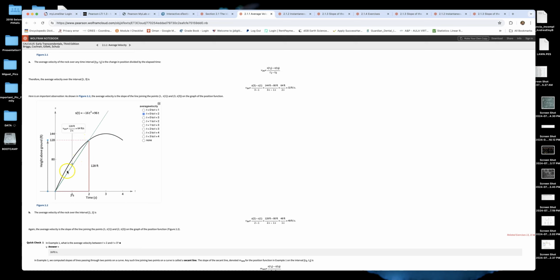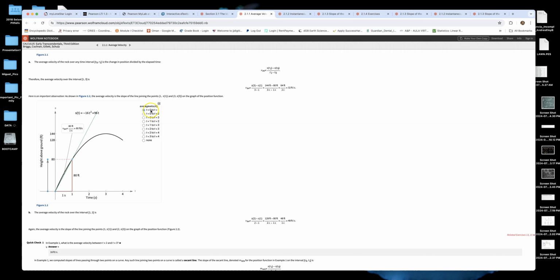You see, the line now is steeper, so we are expecting a higher average velocity, actually 64. And look here, when I reduce the elapsed time to 1 second, between 0 and 1, I'm keeping 0. It's even higher, okay?